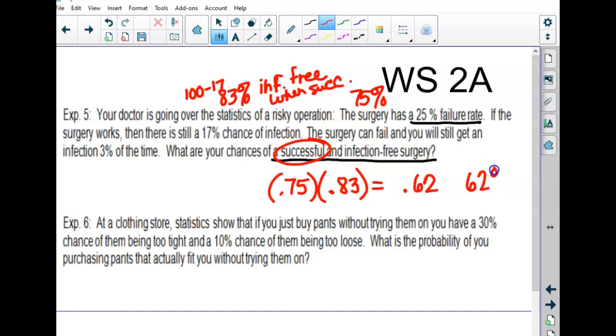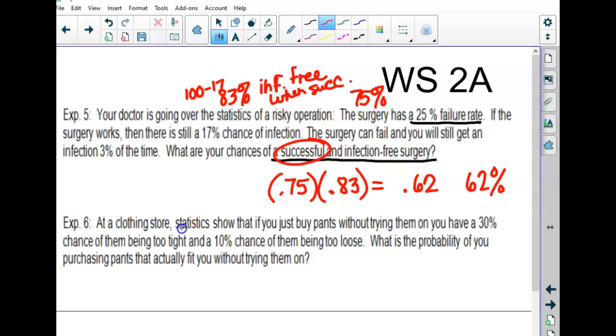Did someone else get that? It doesn't matter because you're not pushing sine, cosine, or tangent. Is that not right? 0.75 times 0.83? I got 0.6225, yeah? We're good? You shouldn't need parentheses, but all right.